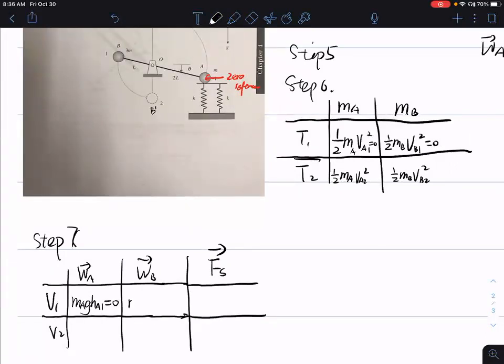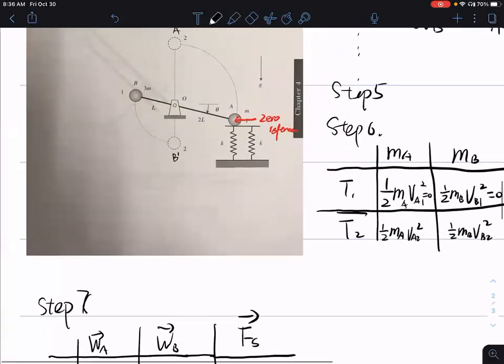For our particle B, we have mB g hB1. What is that hB1? We have to calculate what that height is. We know the angle theta, so we can build a triangle.